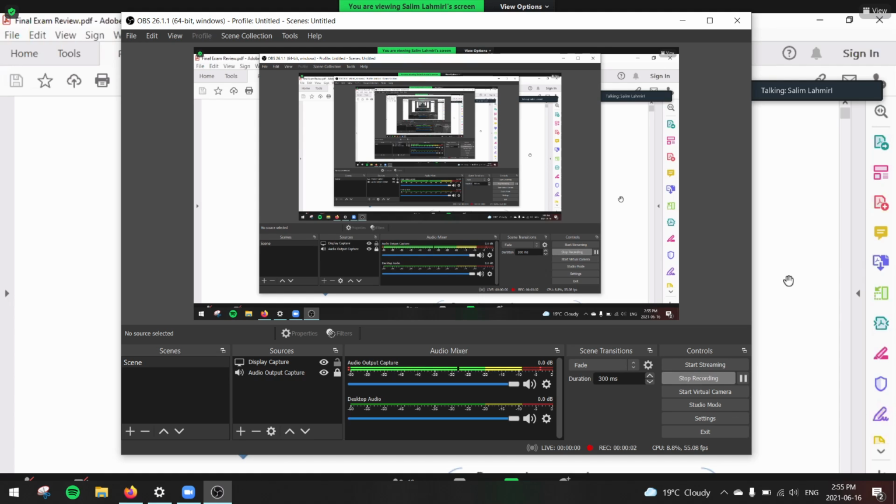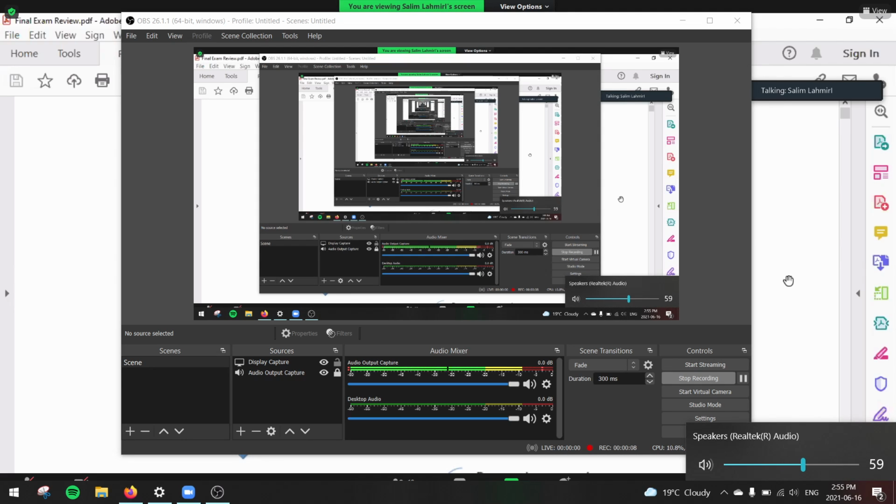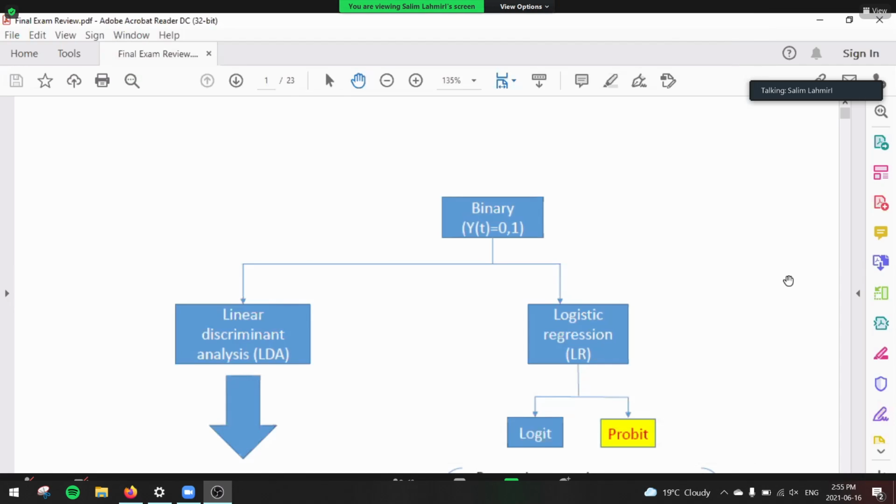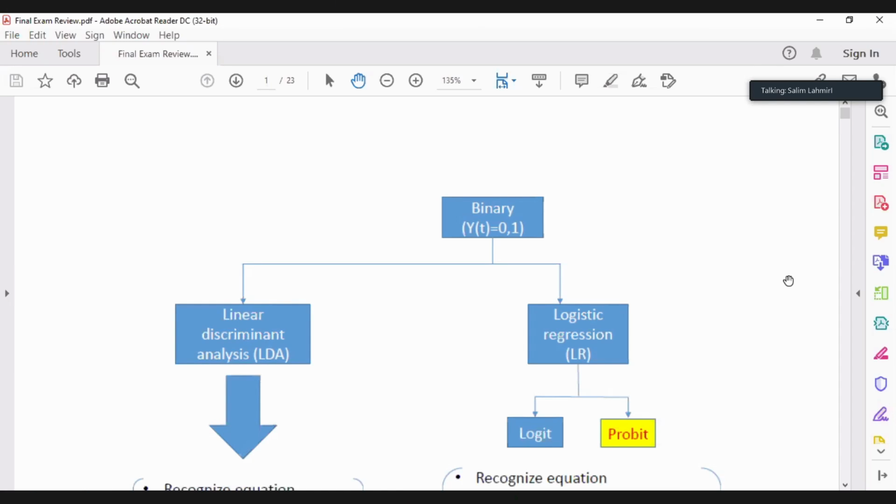So for example, y belongs to R. The second part of the lecture focuses on binary values of y, or categorical values of y. Instead of taking real values, y is taking binary or categorical values.